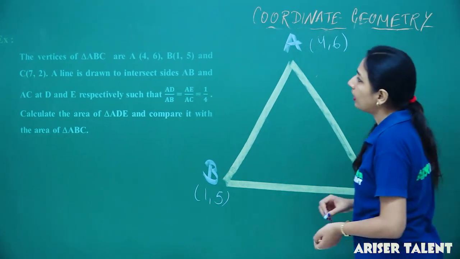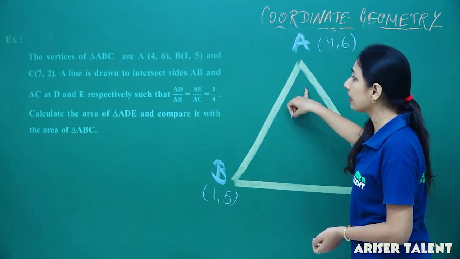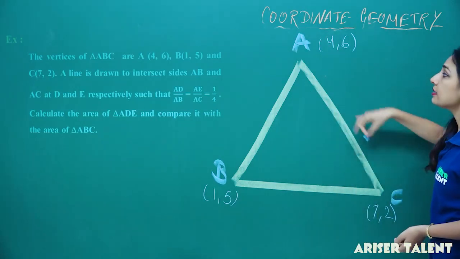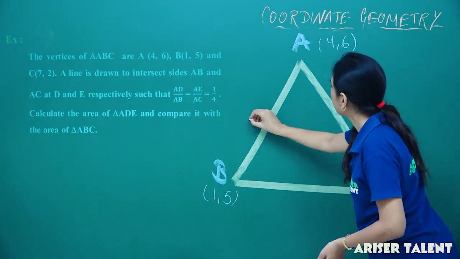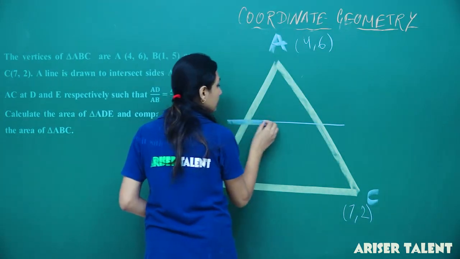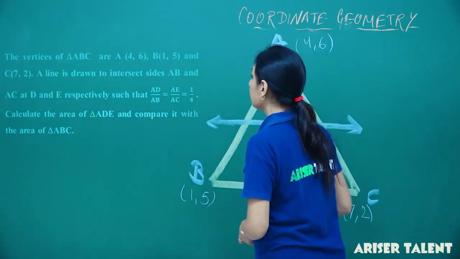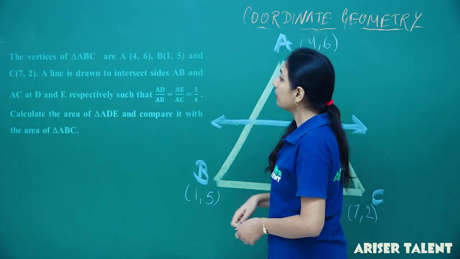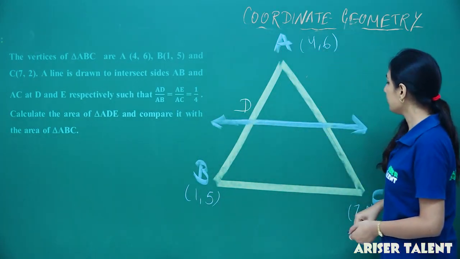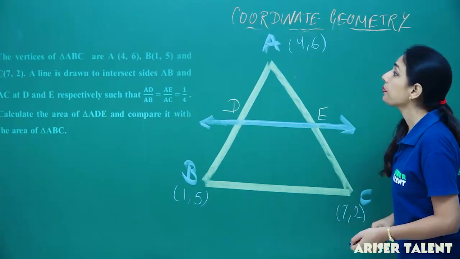Okay. Now a line is drawn to intersect side AB and AC. There is a line. Now this line cuts AB at D point. So this is D point. And AC at the point E. Okay.